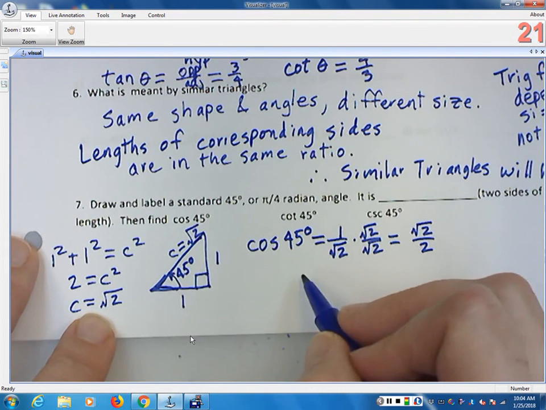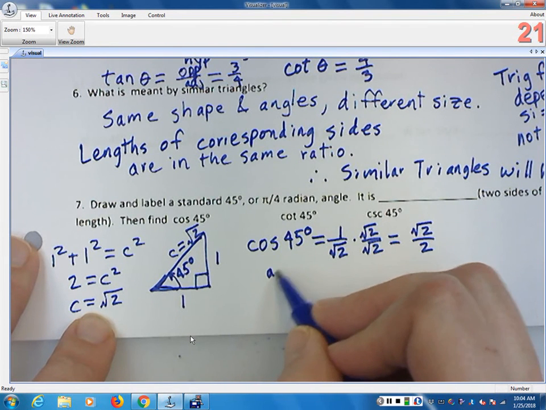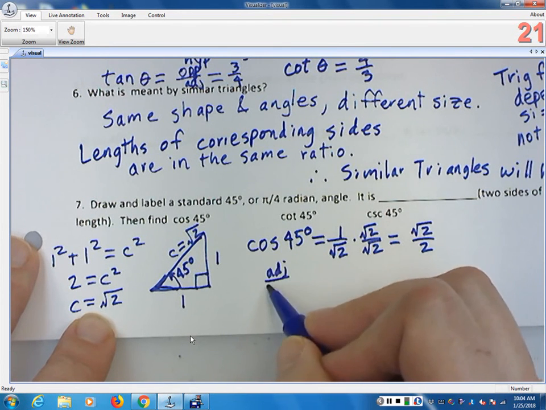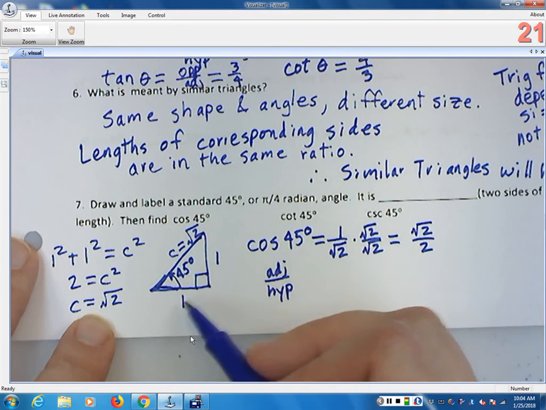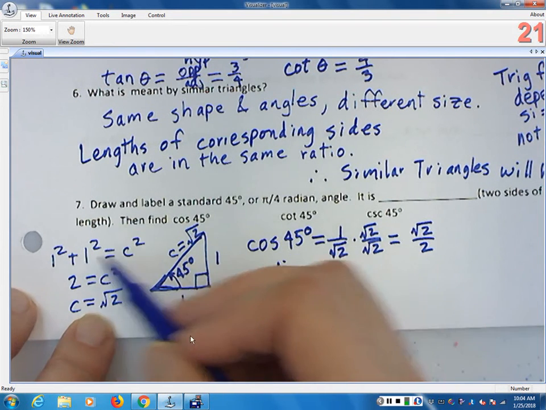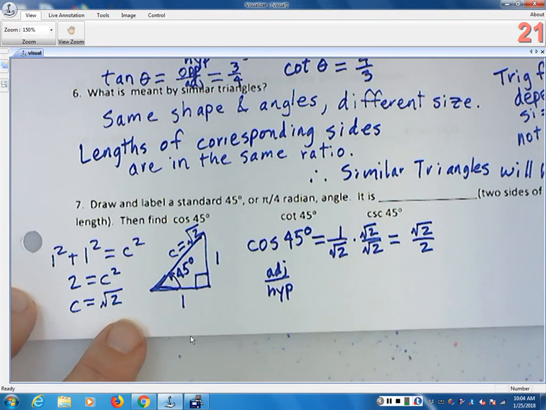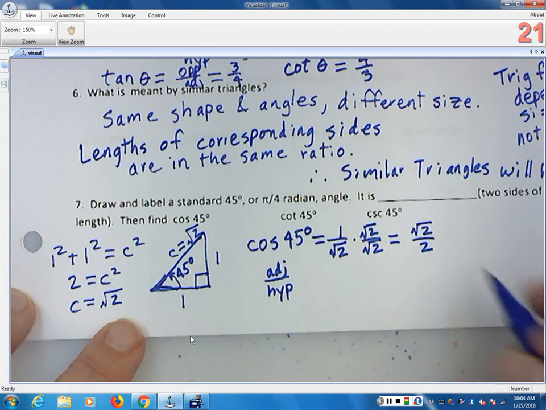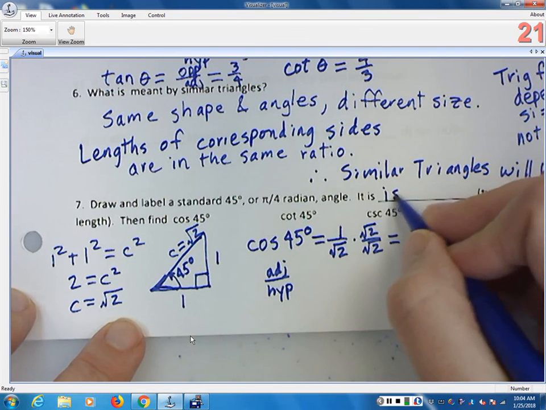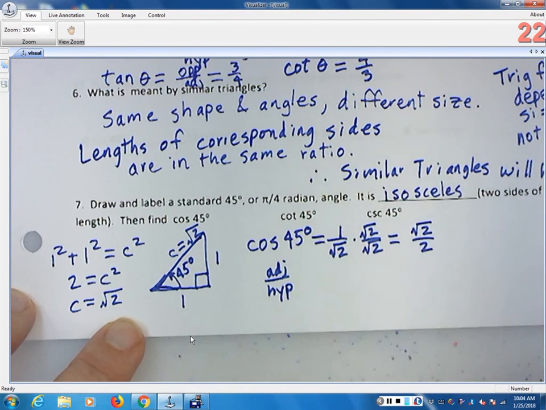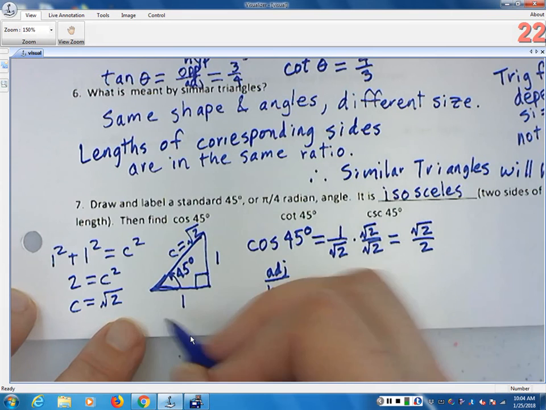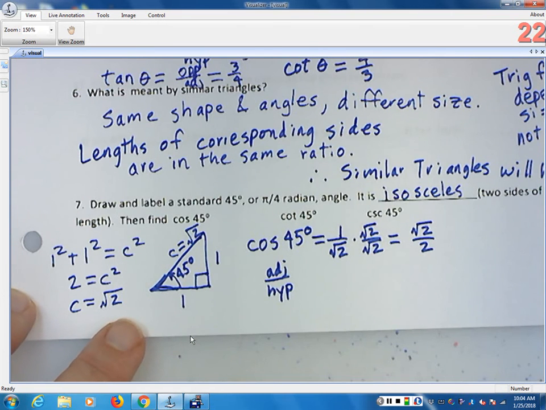We made these sides the same length, and then we found C. So we got a 45-degree angle. It is an isosceles triangle because it has 2 sides of equal length. So this is just a standard 45-degree triangle.